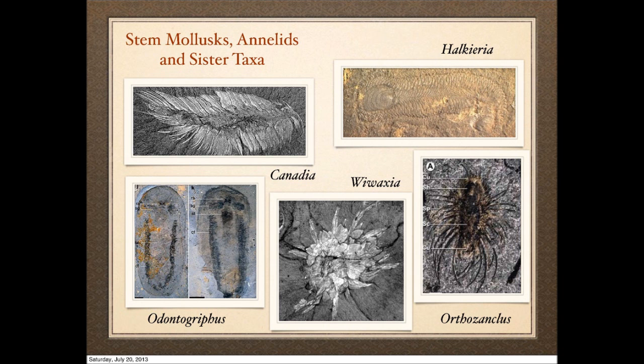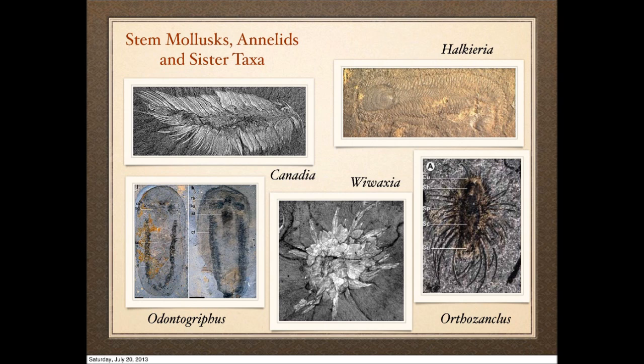Mollusks, I won't spend a lot of time on this. We already said stem mollusks were already around in the Precambrian. By the early Cambrian, we have some true crown group mollusks. The earliest crown group mollusk that we know of is in the lower left hand corner there, Odontogriphus.